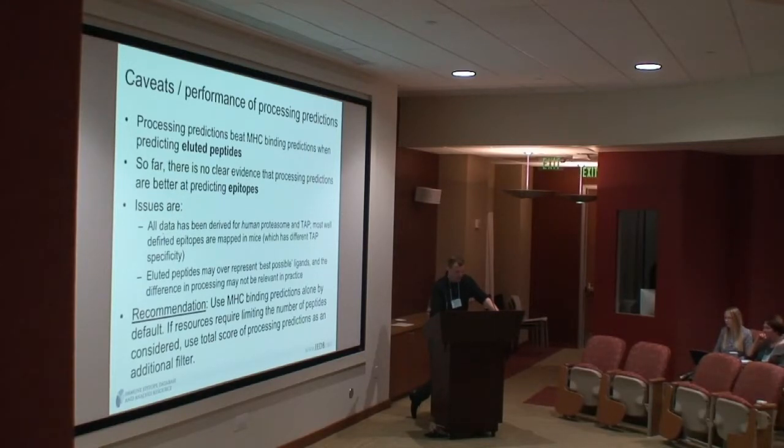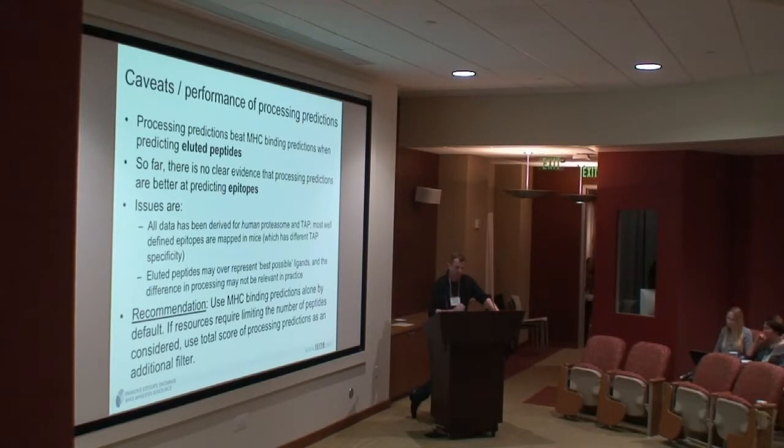Some of the issues are potentially that all this was done on human proteasome data, and there's somewhat limited data available. The TAP has different specificities for human and mice, and most of our well-defined epitope data at least used to be in mice. And also, actually, what I think is more important is that when we look at eluted ligands, we often have kind of the best case scenarios.